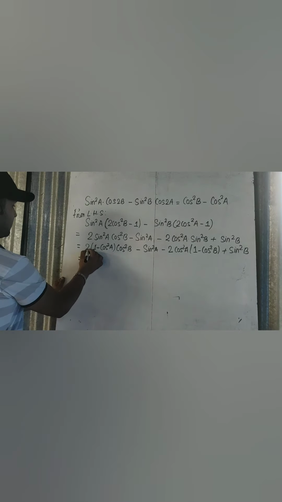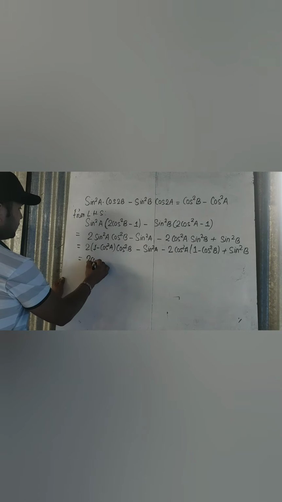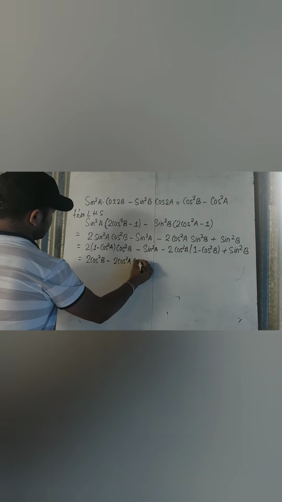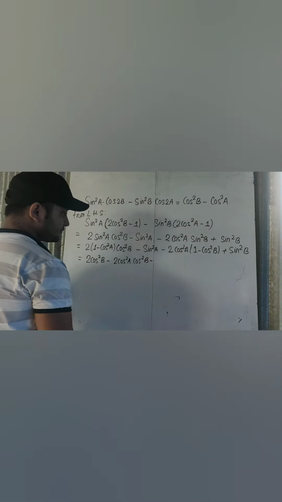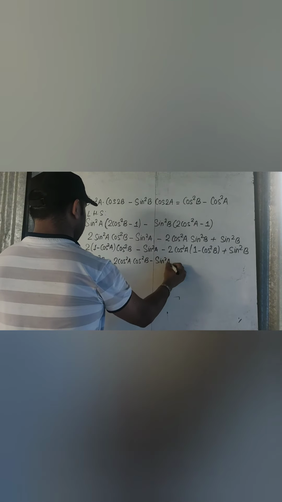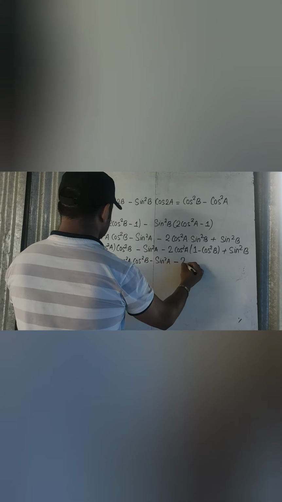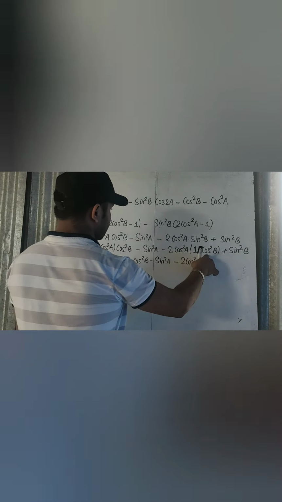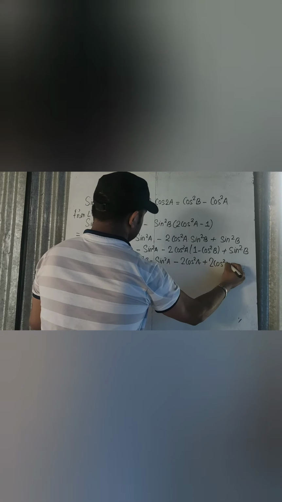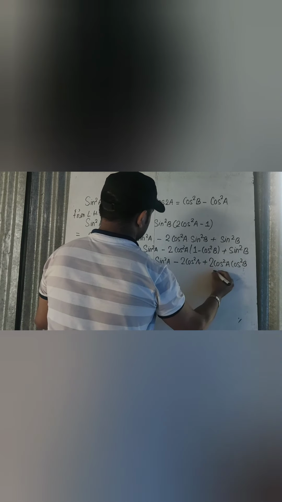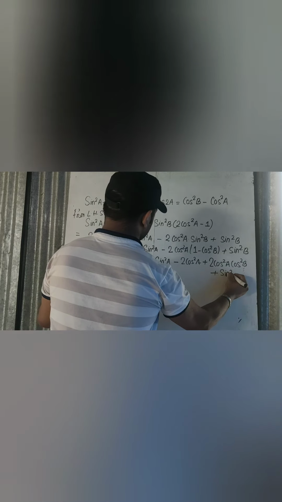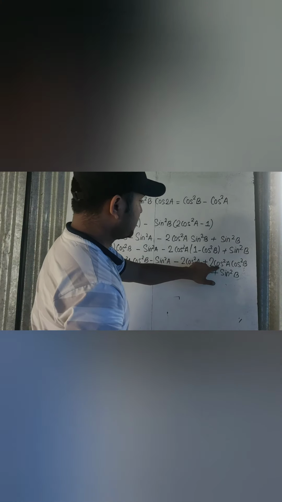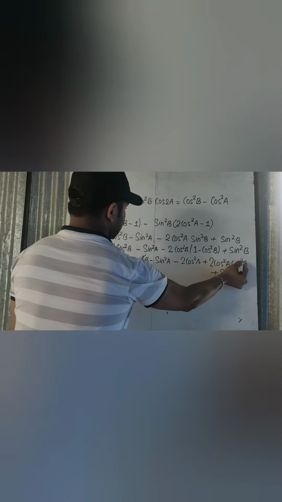Okay, now let's multiply. 2 into cos square B is 2 cos square B, minus 2 cos square A cos square B, minus sin square A, minus 2 cos square A into 1 is 2 cos square A. Minus into minus gives you plus 2 cos square A into cos square B is 2 cos square A cos square B, plus this sin square B. Now you can see that minus 2 cos square A cos square B plus 2 cos square A cos square B, these two can be cancelled.